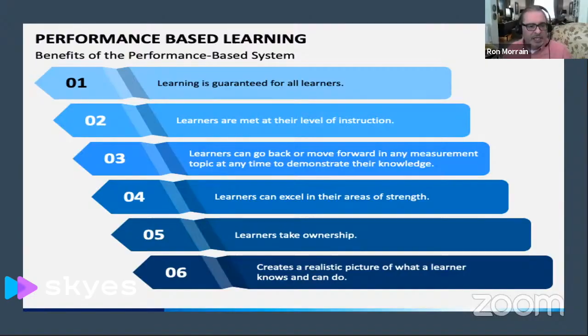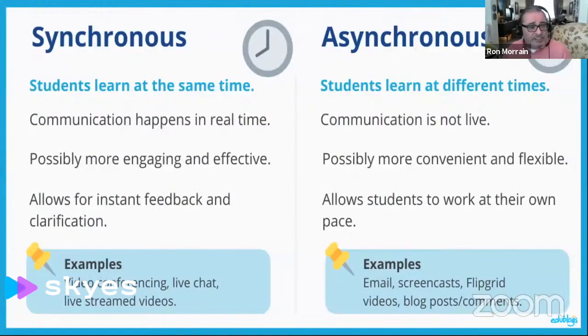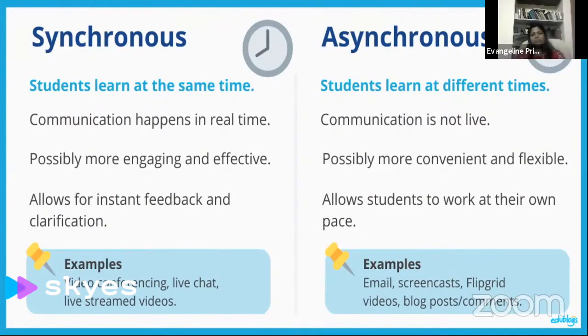We also need to think about the flipped classroom, and really what is the flipped classroom and how does flipped learning work? Well, another thing that we never really consider when we're talking about the flipped classroom is that we're dealing with synchronous and asynchronous learning. And that means that we have to change the way we approach learning.